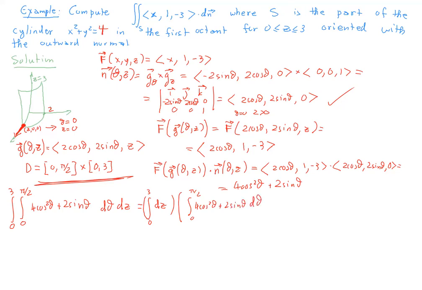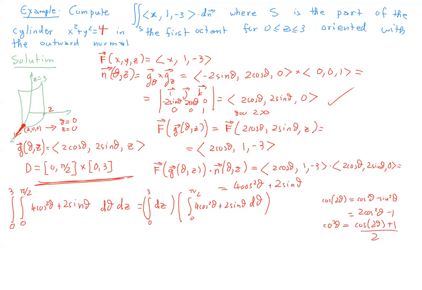The obvious challenge here is the 4 cosine square of theta. Well, not such a big challenge. Remember your double angle formula. Cosine of 2 theta is equal to cosine square of theta minus sine square of theta, which is the same thing as 2 cosine square of theta minus 1, meaning that cosine square of theta is cosine of 2 theta plus 1 over 2.